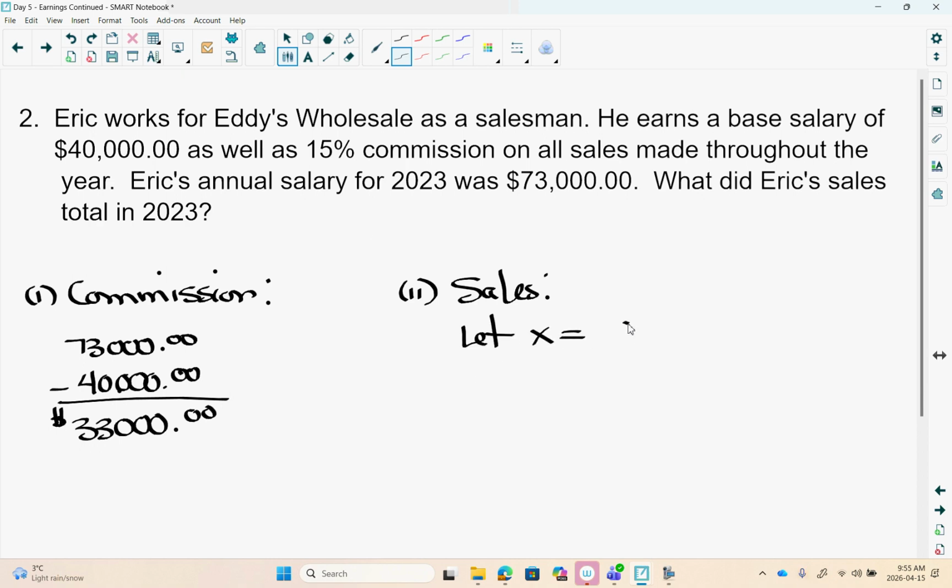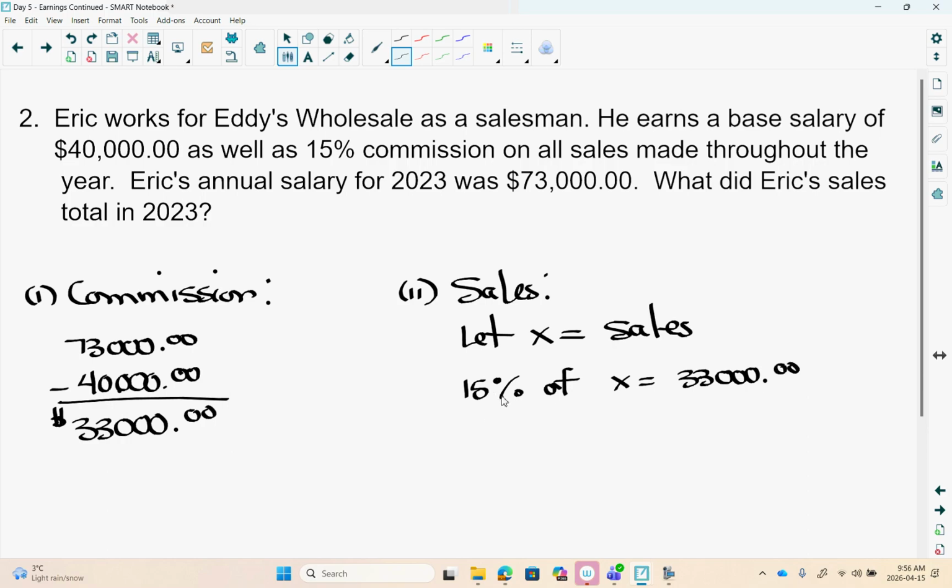I'm going to say let X equal his total sales. It's a dollar amount. And I know that 15% of X is equal to how much? $33,000. That gives me his commission.